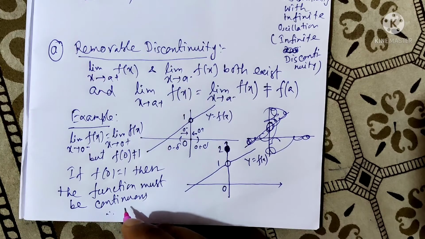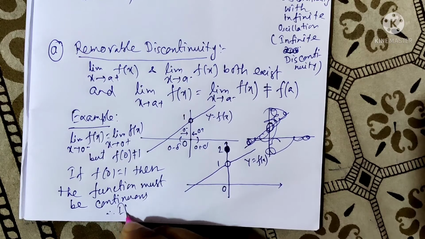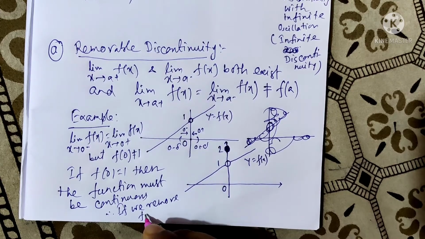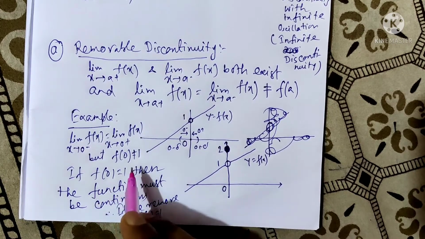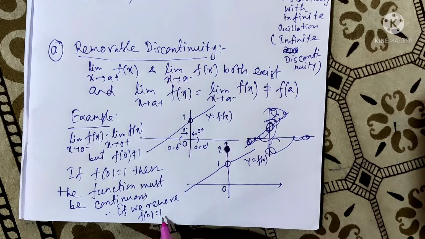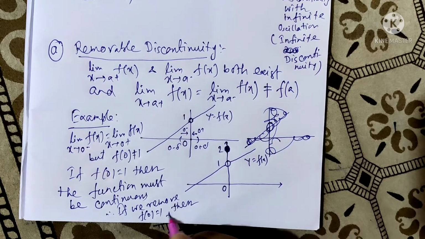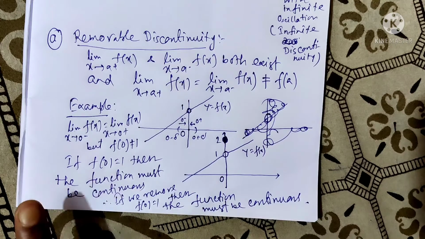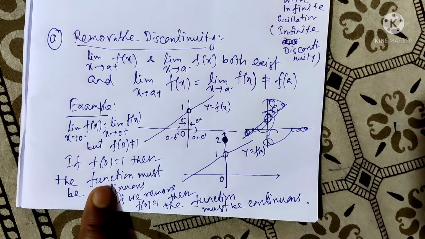Therefore, if we remove this inequality and define f(0) equals 1, then the function must be continuous. So this type of discontinuity is called removable discontinuity.